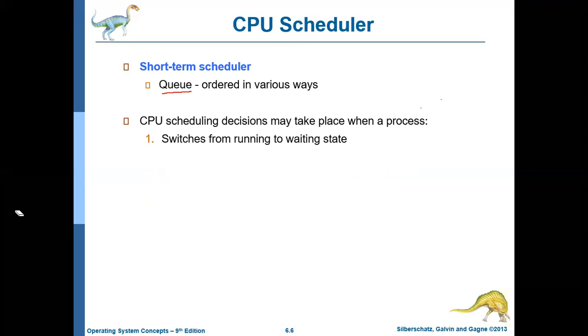The second situation is when a process is moving from running state to ready state, because every process has a time slice. A process will have a time slice when the CPU is executing. For each process, it will give a time slice.